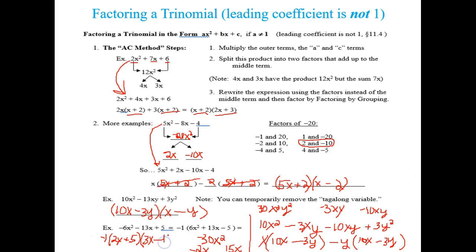So if you got that, then you're doing pretty well. If you're not getting that, then you might need to come in for some tutoring or set up an online meeting with me. But that's called the AC method.